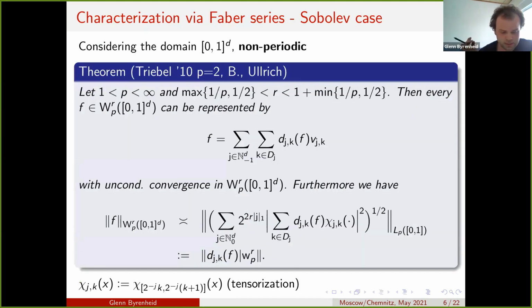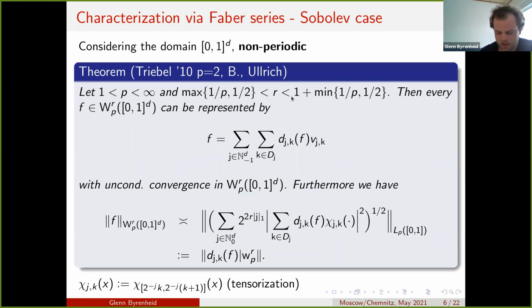So let us start to connect our Faber-Schauder system with the spaces of mixed smoothness. We have p between 1 and infinity. We have r being bigger than the embedding into continuous functions, that is, the maximum of 1 over p and a half.